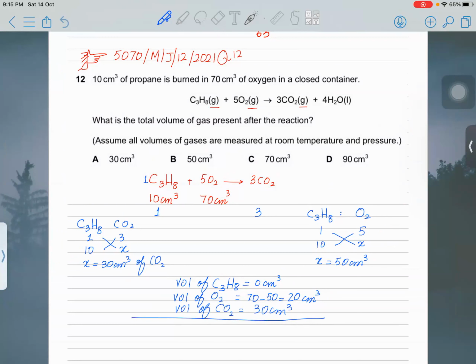Now what is the total volume? 50 cm cube. So the answer would be B. This is the limiting reactant. So total is 50 cm cube. So the answer is B.